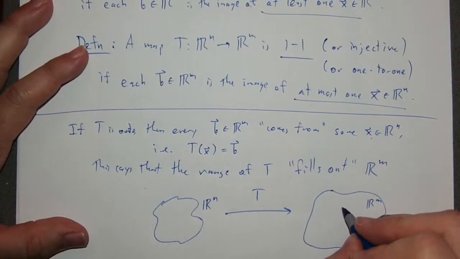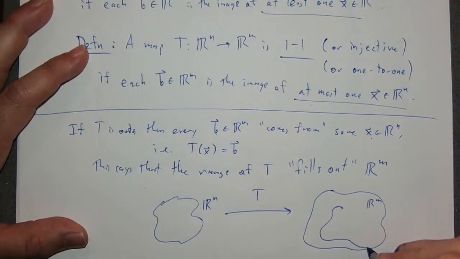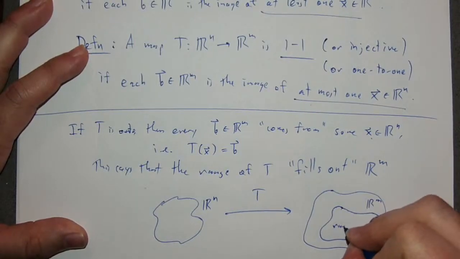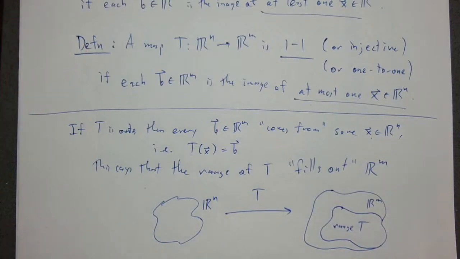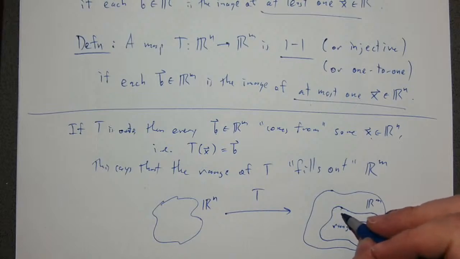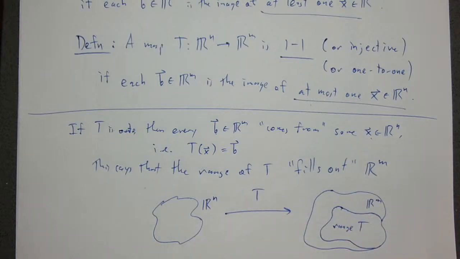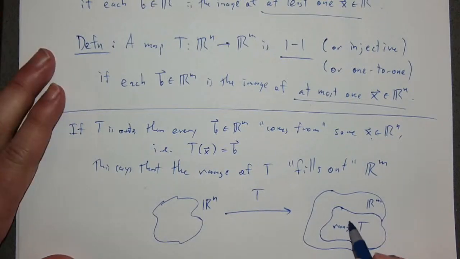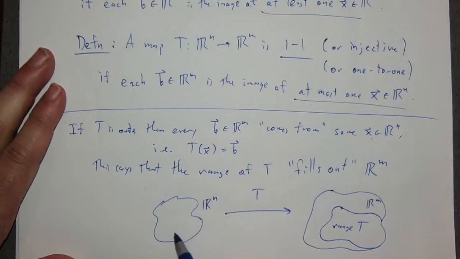If my range of T looks like this, what is the range of T? Well, the range of T is the collection of all vectors b that come from something over here in R^n. So if something is in the range of a transformation, that means there exists some x in R^n such that T of x is equal to b.